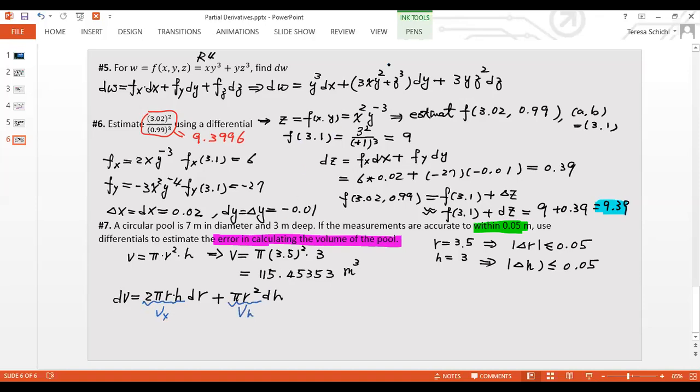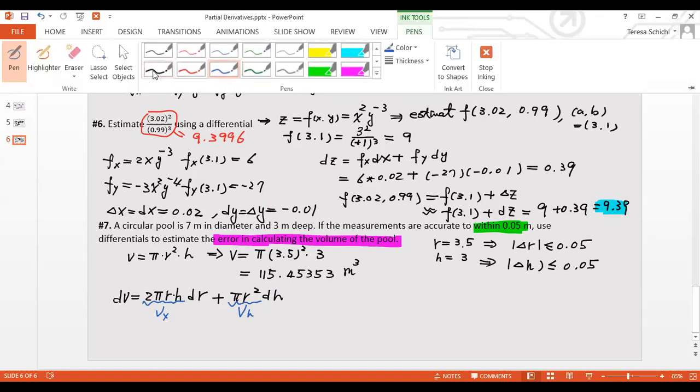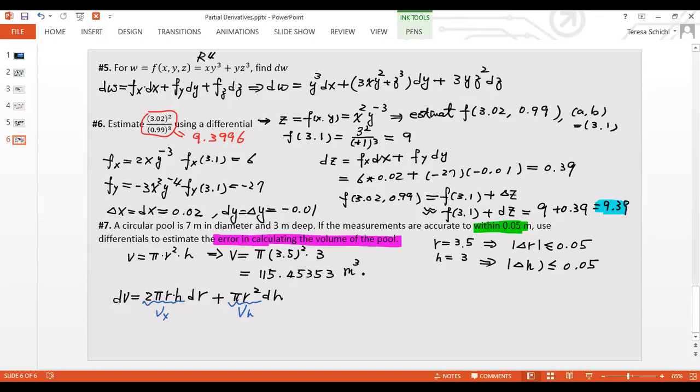These variables are going to have measurement errors. So dV is going to be estimated by 2 pi r h times delta r plus pi r squared times delta h.